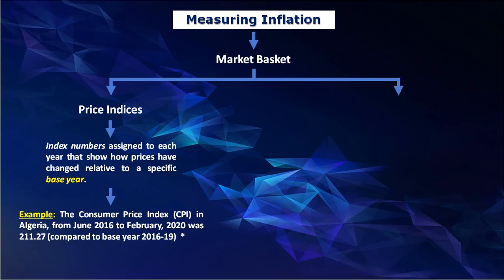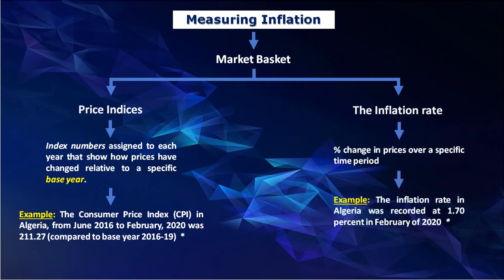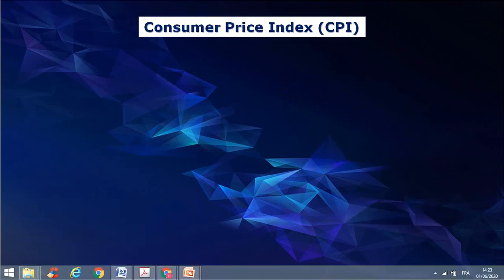The second one is the inflation rate, which shows you the percent change in prices over a specific time period. For instance, the inflation rate in Algeria was recorded at 1.70% in February of 2020. The most commonly used measurement of inflation for consumers is the CPI, or Consumer Price Index, which measures the price level in the economy based on the prices of a collection of products designed to reflect the consumption basket of the average consumer.